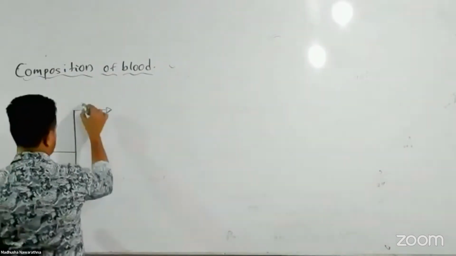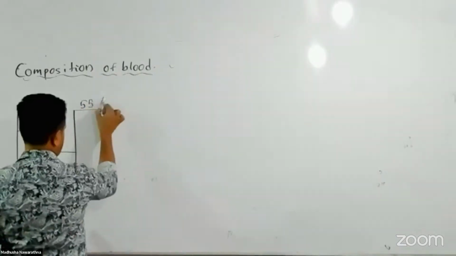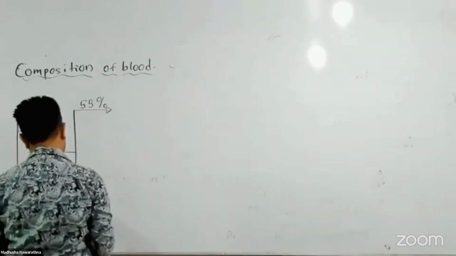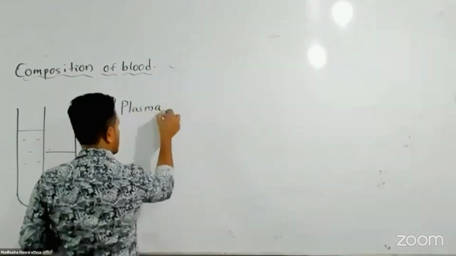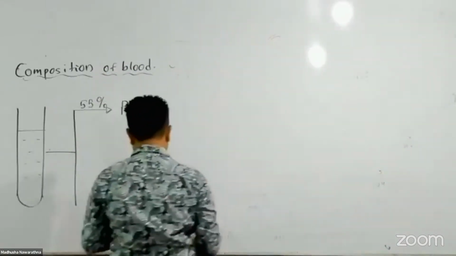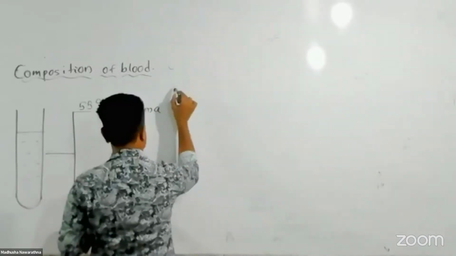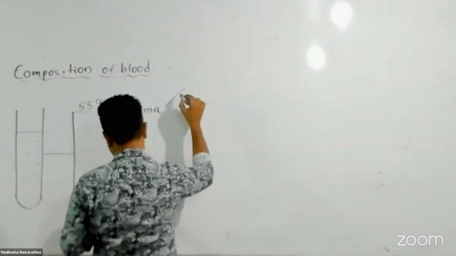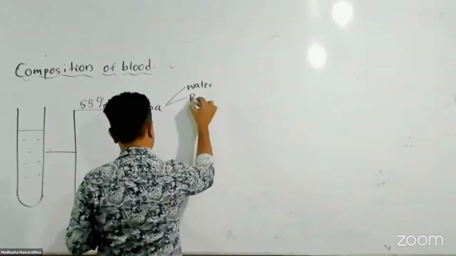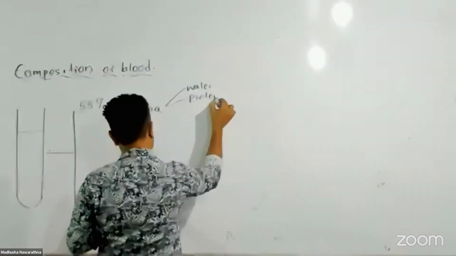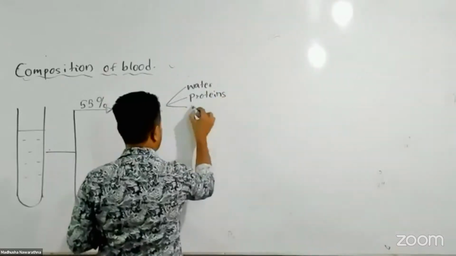Right. What percentage of blood is 55%? Plasma. Blood plasma. Plasma includes water, proteins and electrolytes.